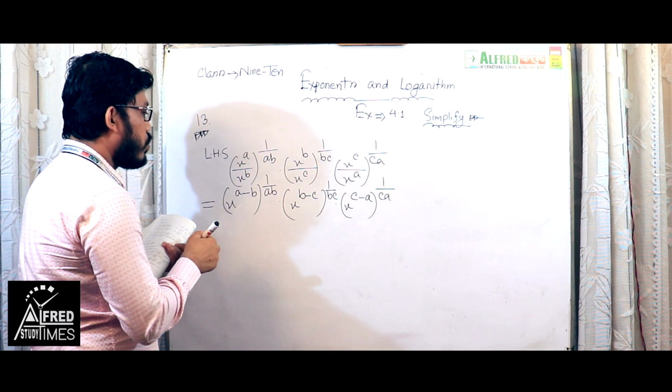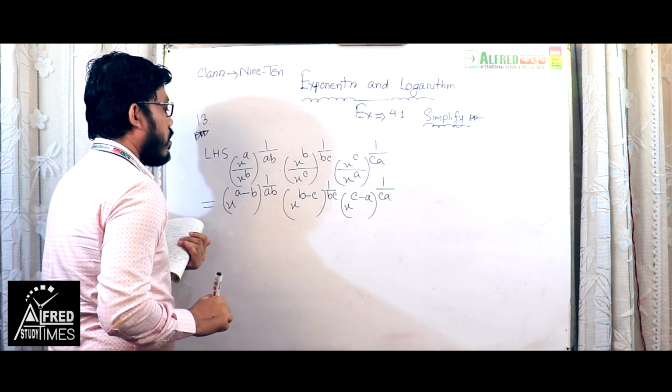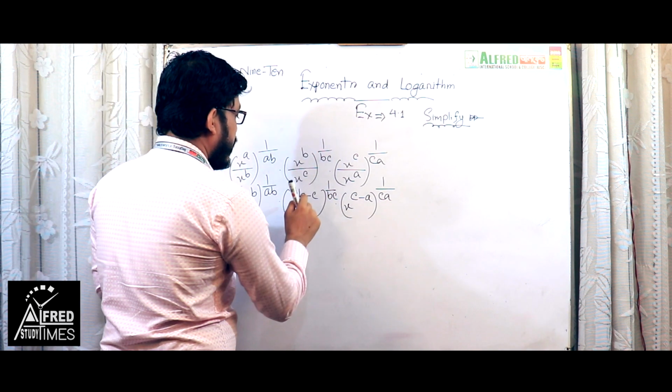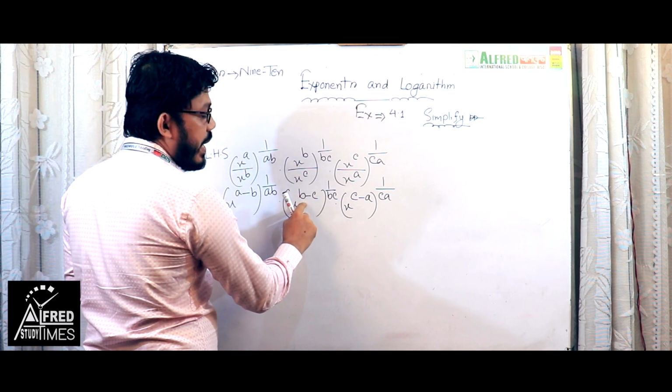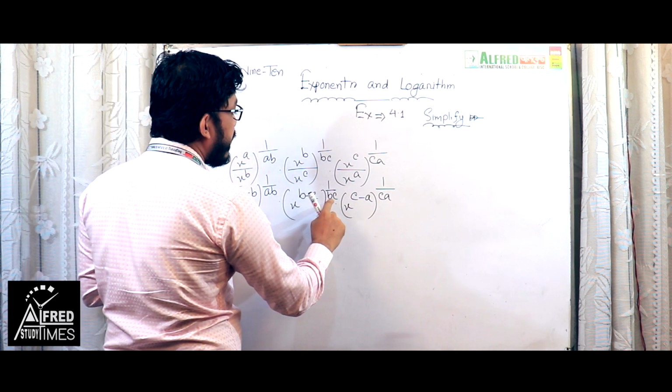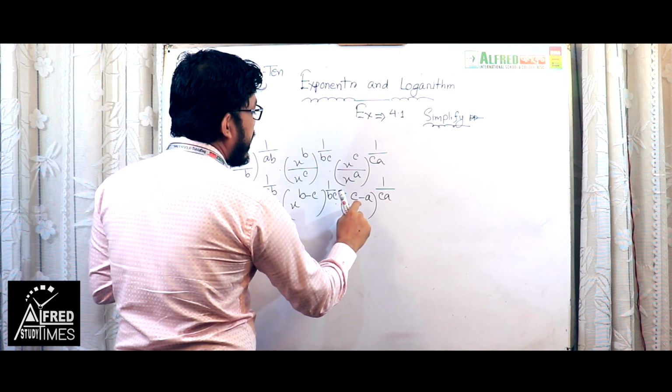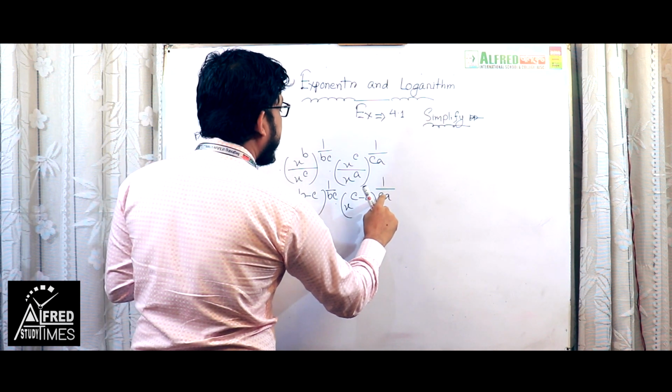Applying same basic rules of exponents, we can write x power b minus c with whole power 1 by bc, x power c minus a whole power 1 by ca.